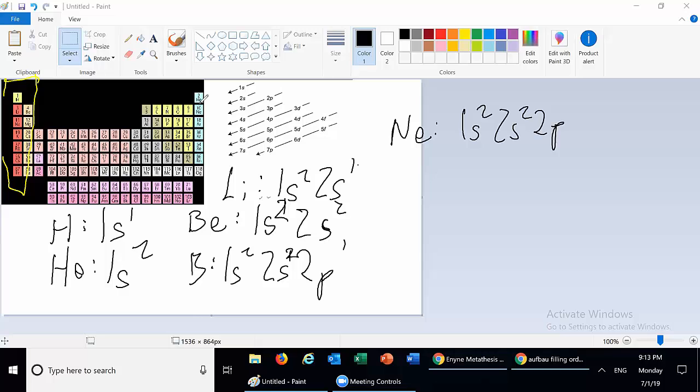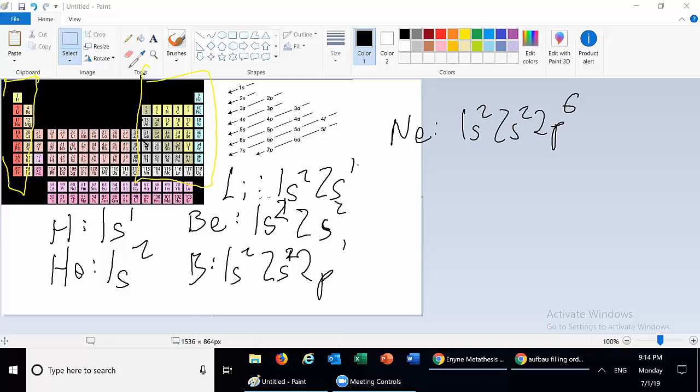So that's 6 electrons, and there can be 6 electrons in 2p. So now the 2p orbitals are filled. In this region of the periodic table, we're filling the p orbitals. So we call that the p block.